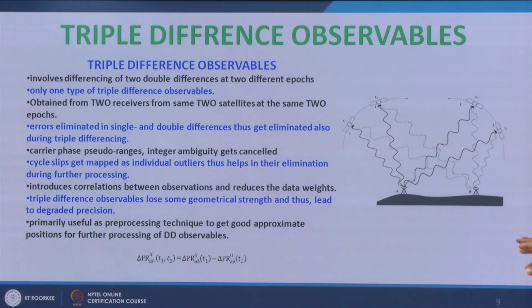So generally we do not use them for positioning; we make use of the triple difference observable for identifying cycle slips and as a pre-processing for the GPS observable, because through triple differences we will be able to find out whether the GPS observables contain some errors or mistakes.